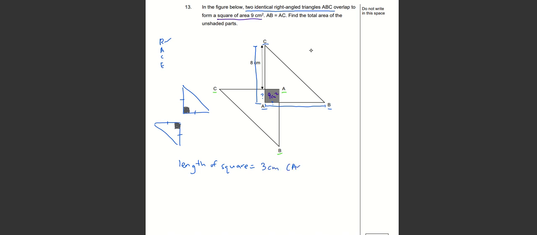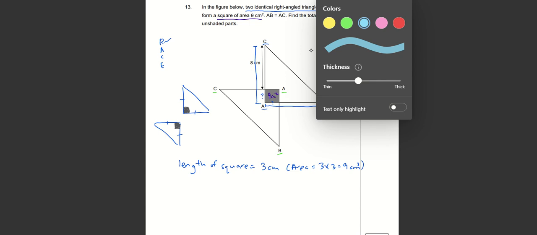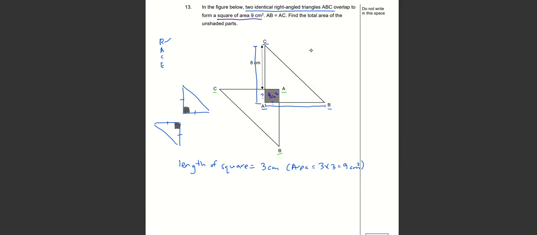Because the area will be the length squared, meaning 3 times 3, that's 9 square centimeter, right? So because the 9 square centimeter was given, I could deduce that the length of the square was 3. Now that said, I'll be able to identify that here, the length of this part of the shape is a 3 by 3 square.